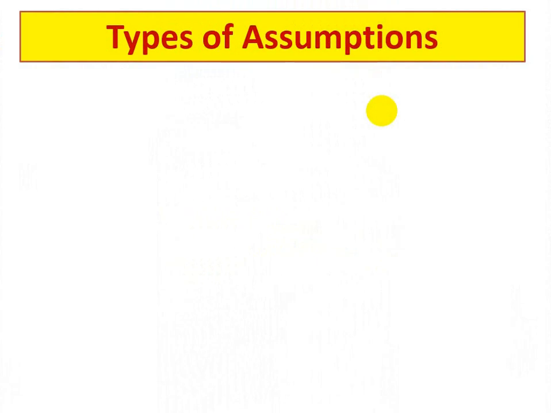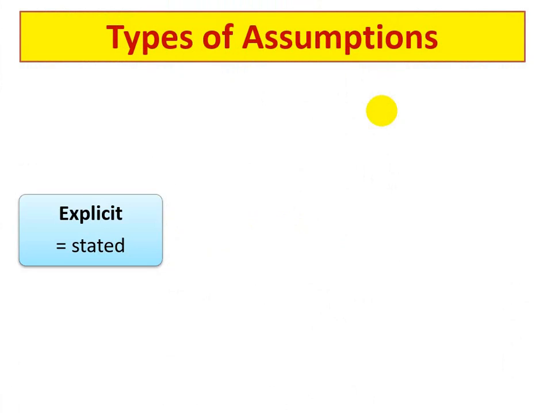Dear my students, let's move now to classify in less detail the types of assumptions. Assumptions can be classified into explicit assumptions. These are clear assumptions because they are stated in the phrases or in the text, in the speech of the author or the speaker. So they are explicit because they are stated.